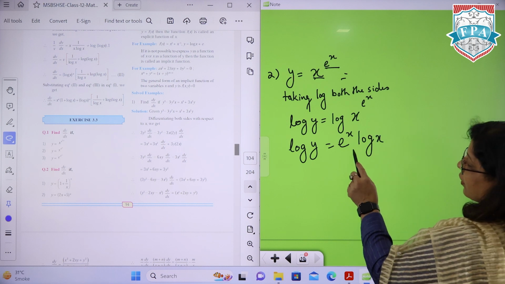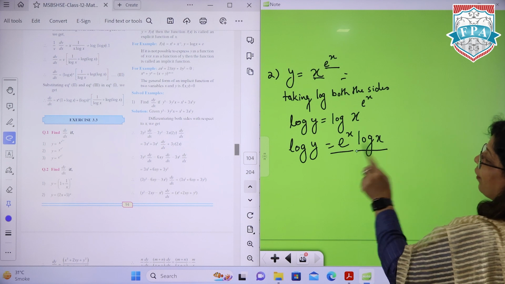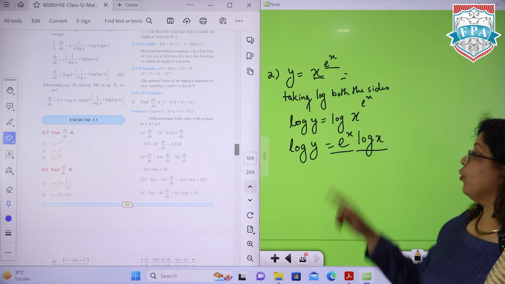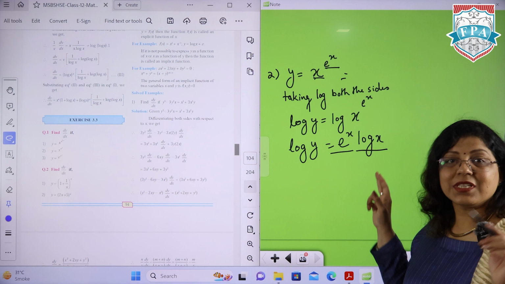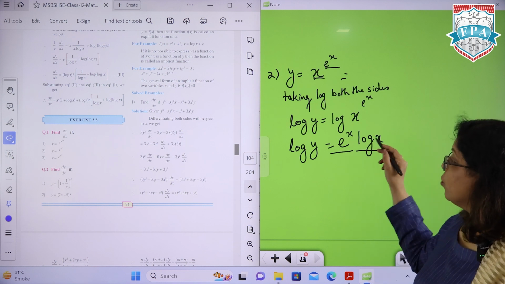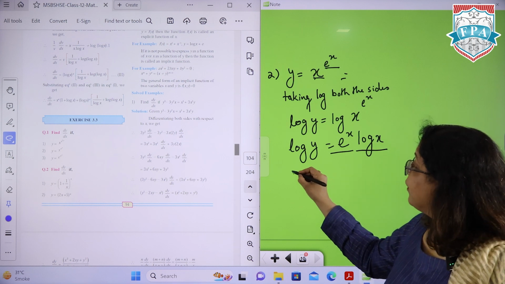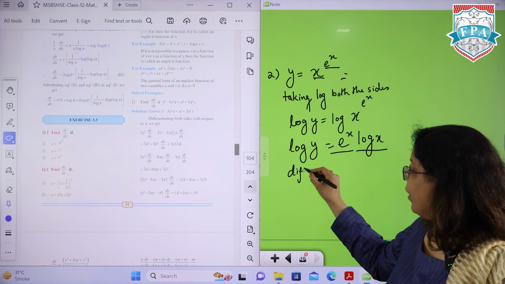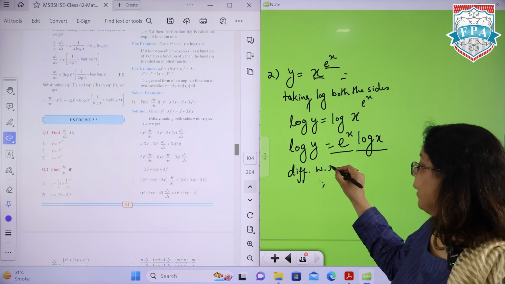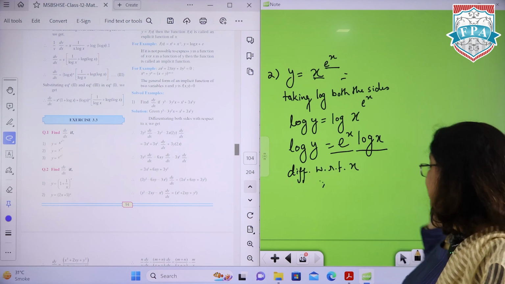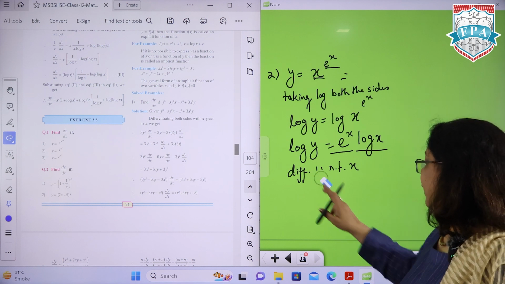Now this whole thing is product of two terms, e to the power x into log x, and you can see that this is u, this is v. Now when we differentiate with respect to x, ये statement important है, so please don't forget to write them.